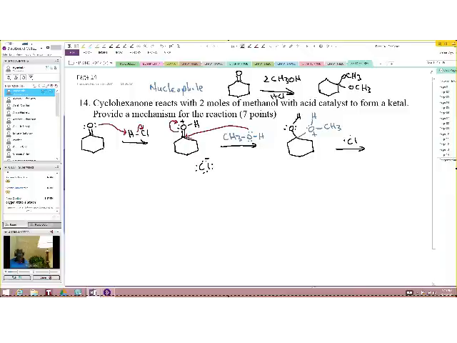So this chloride is negatively charged and comes in to grab this proton right here. In doing so we release the pair of electrons to oxygen, and now we form this.